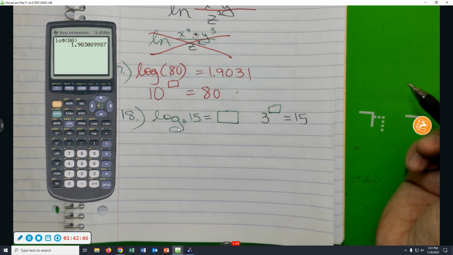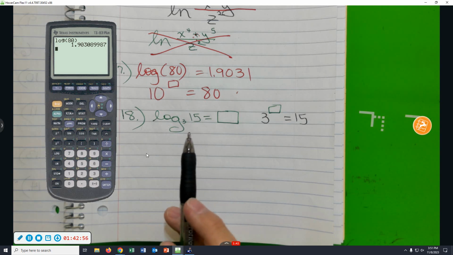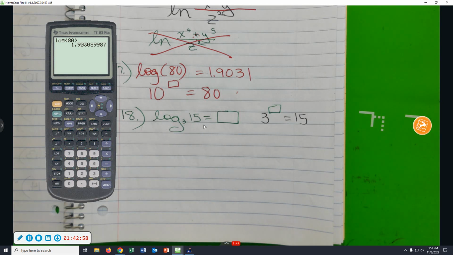We have the change of base formula. It takes logarithms like this and converts them to either log or ln. I remember this being important in our chemistry classes. Tony and I were always the last people that finished those experiments, okay?